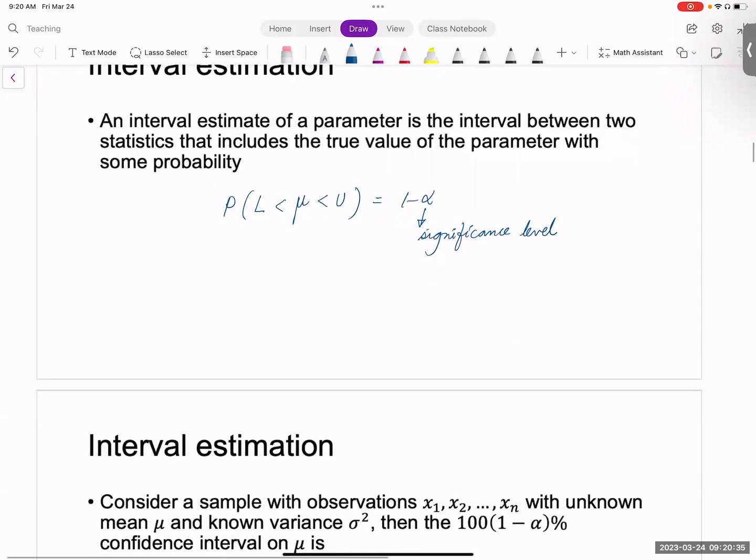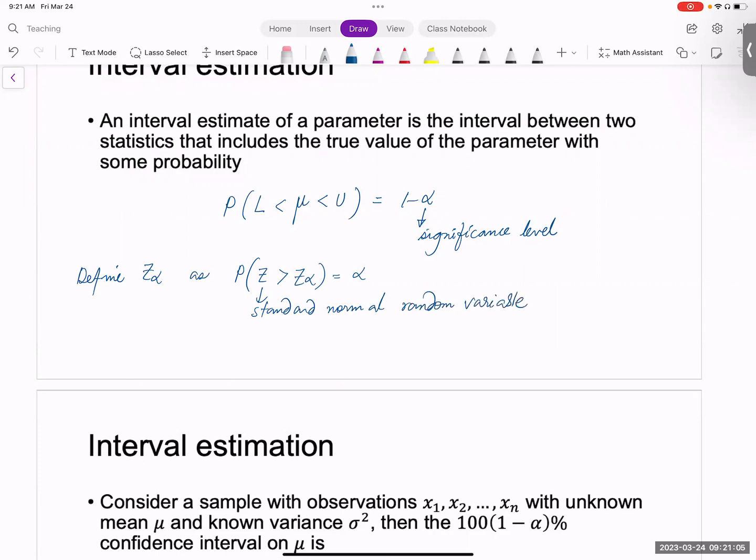Now, typically, if you're concerned with normal random variables, let's define z alpha as: probability Z greater than z alpha is equal to alpha. Z here is your standard normal random variable, and z alpha is just some number, okay?